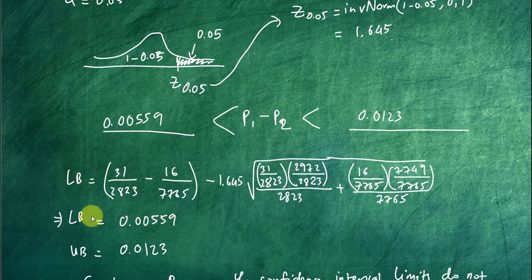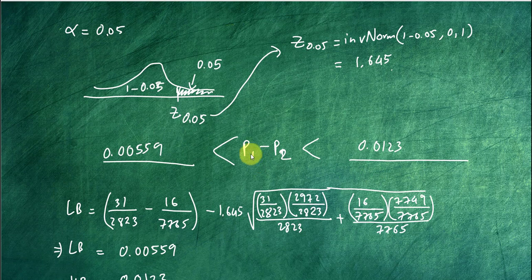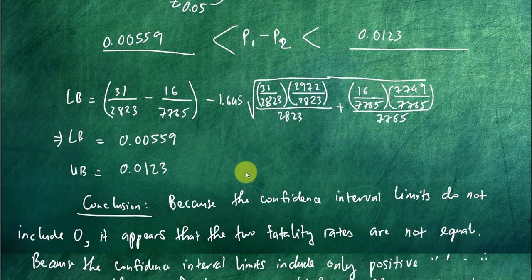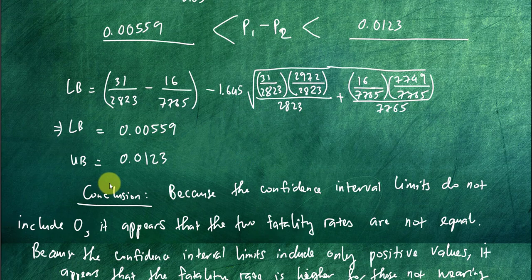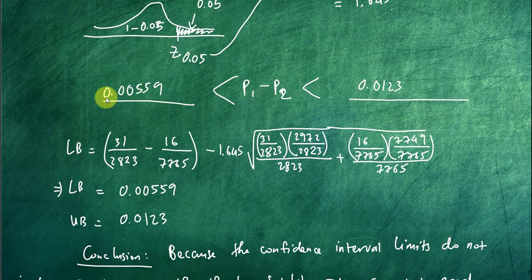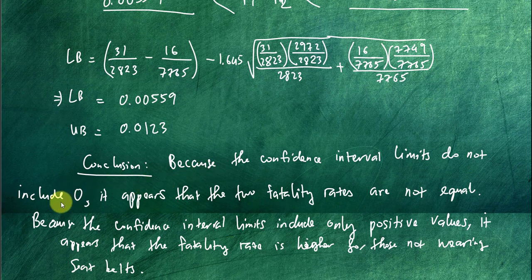So this is the lower bound, this is the upper bound, and the difference between the two proportions P1 and P2 is between these two lower and upper limits. And we can make the conclusion that because the confidence interval limits do not include 0, right? This is 0.00 something up to 0.00 something on the right side, so it is above 0. So it does not include 0 inside the limits.